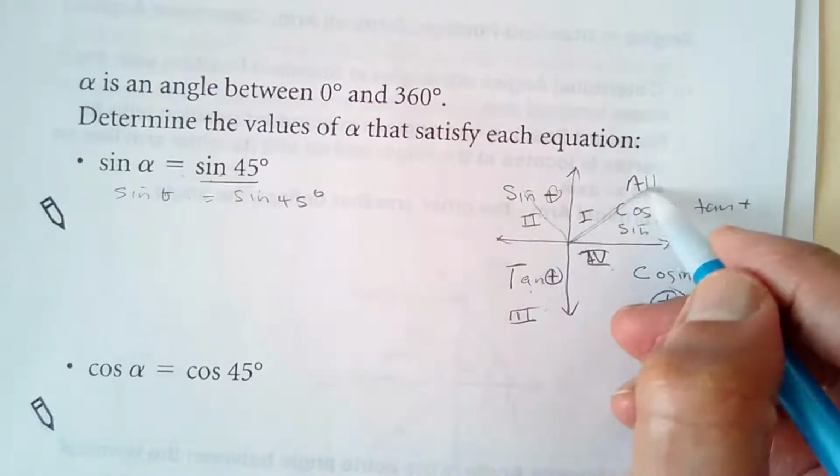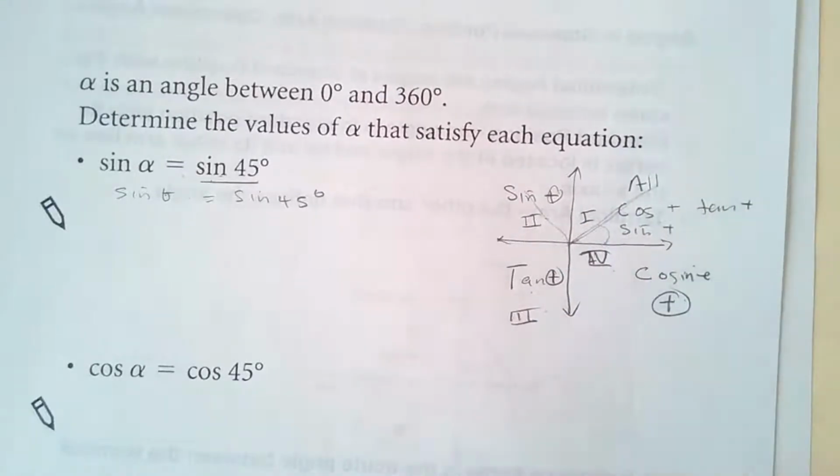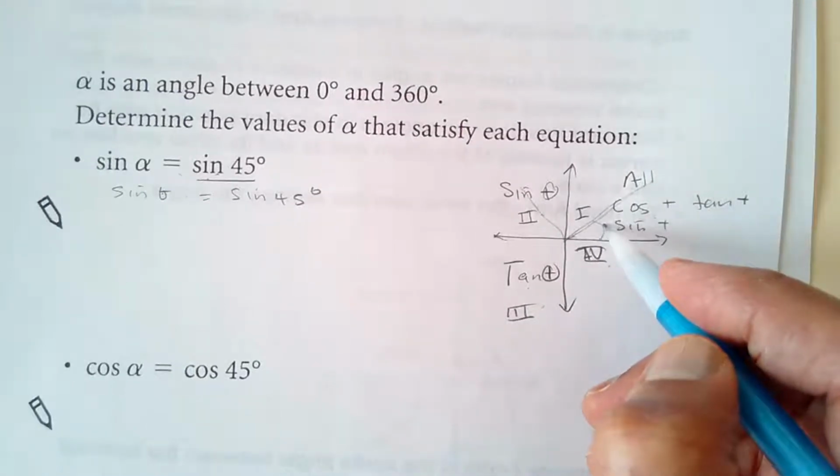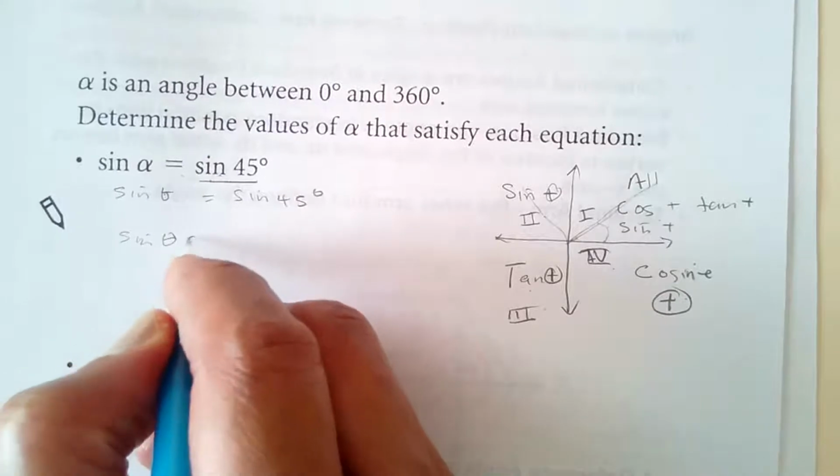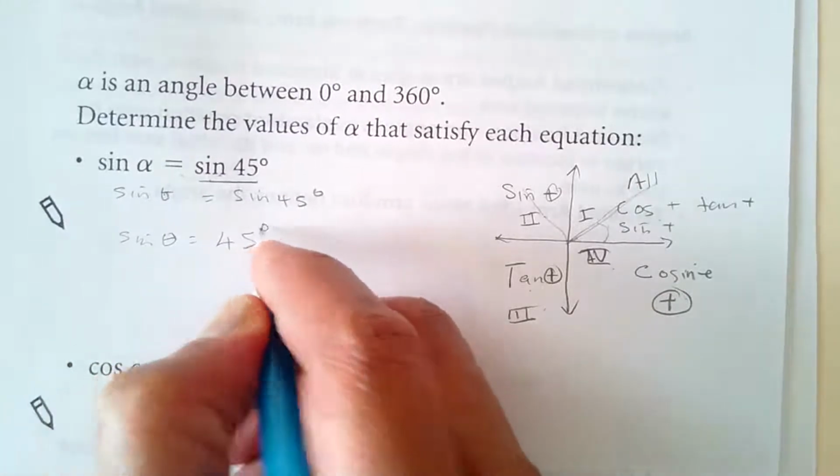In quadrant 1, sine alpha is 45 degrees.